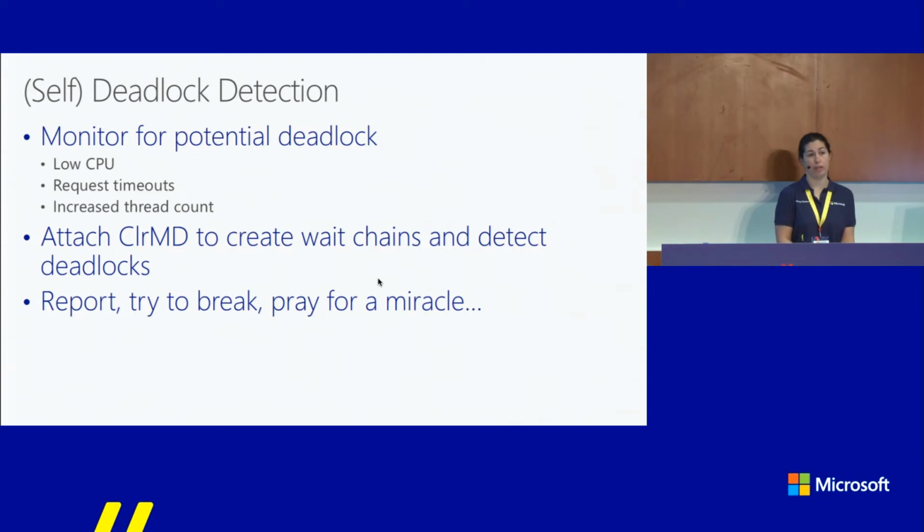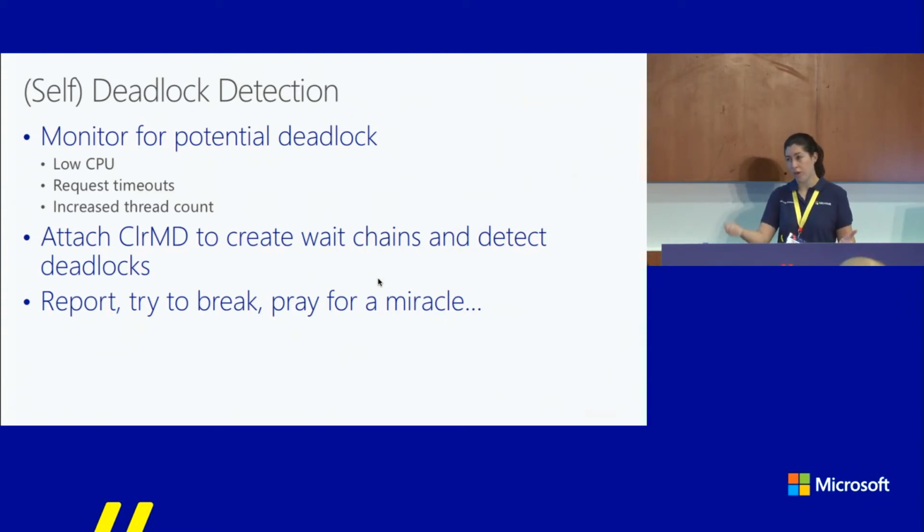For example, if your application suddenly uses very little CPU, then you might be blocked. Or if your requests start timing out, then maybe the thread that's handling them is blocked. Or the other way around, maybe suddenly your thread pool is opening more and more threads because threads get blocked and they need to process requests. So all of these might suggest that we have a deadlock.